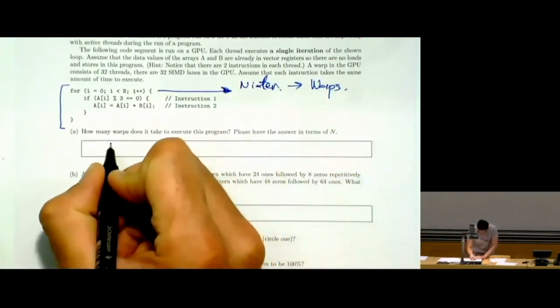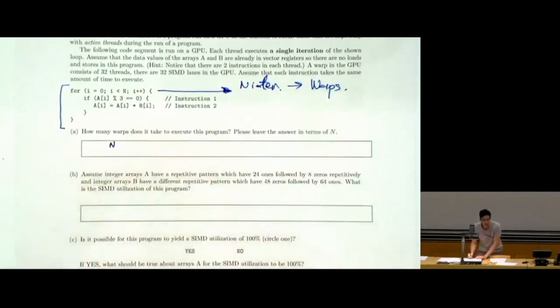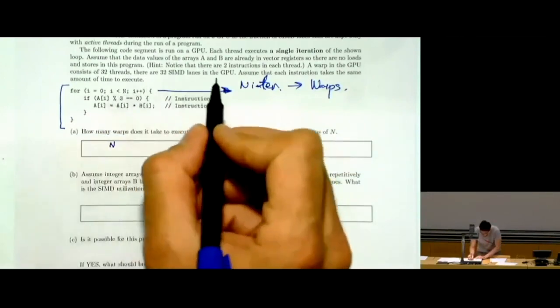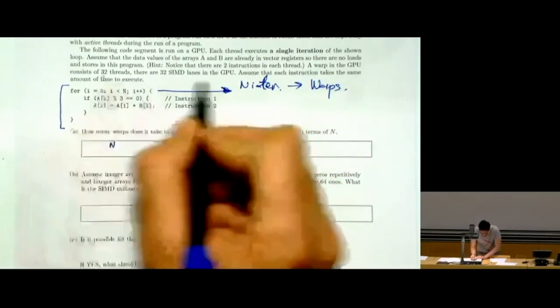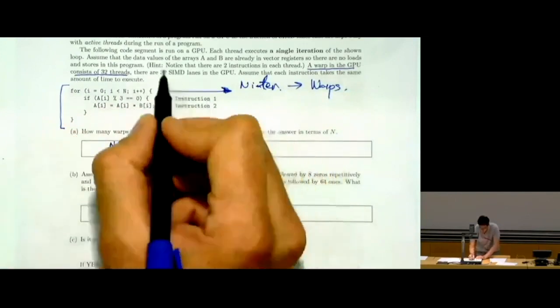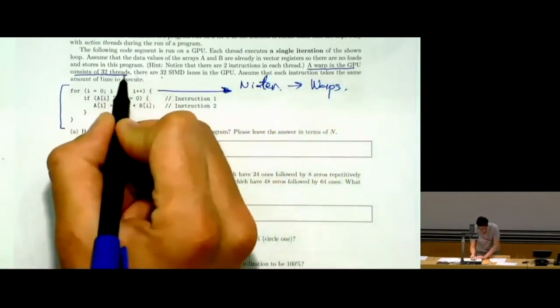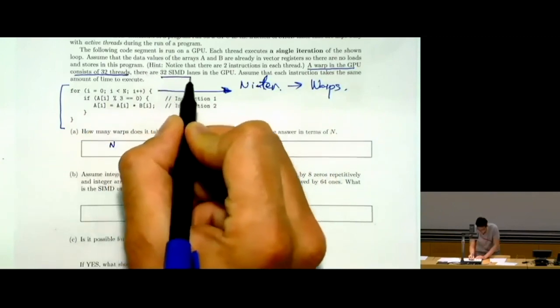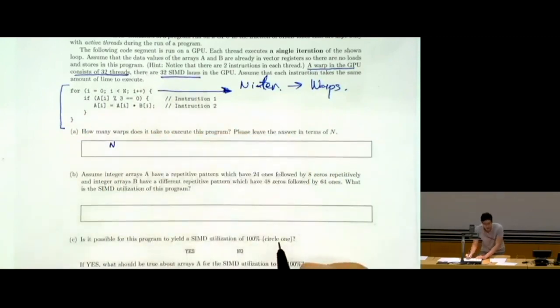So we have n iterations. We know that the warp size is 32. A warp in the GPU consists of 32 threads, and we also have 32 SIMD lanes in the GPU.